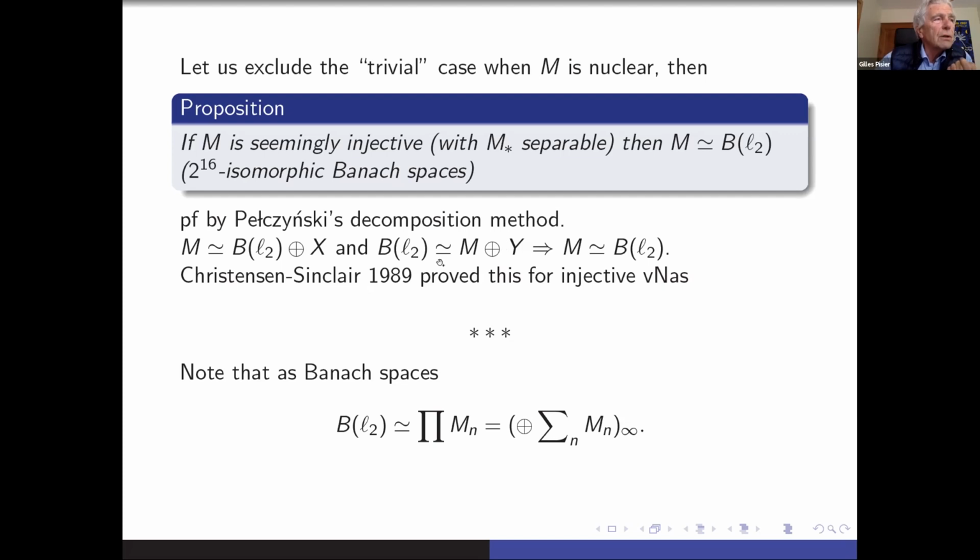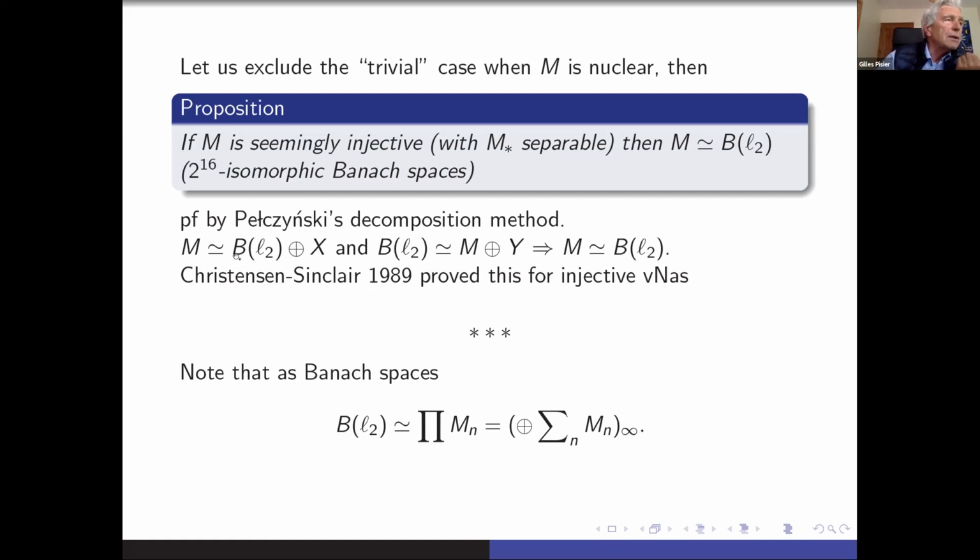because what we have from the definition of seemingly injective is in particular that M will sit in B of L2, you get B of L2 by separability, with a contractive projection. So of course, B of L2 decomposes in the Banach sense as a direct sum of M and something.